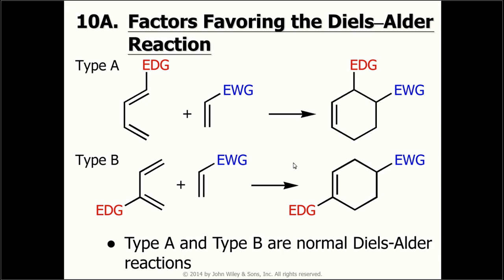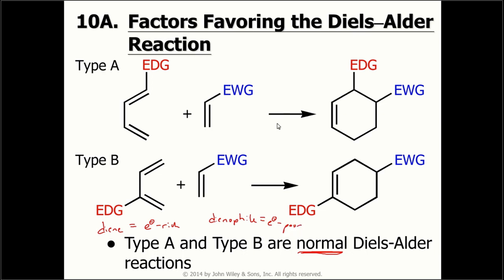So what factors favor or disfavor the Diels Alder reaction? Typically speaking, in a normal Diels Alder reaction, it's important that we identify we're talking about a normal Diels Alder reaction, the diene is electron rich and the dienophile is electron poor.